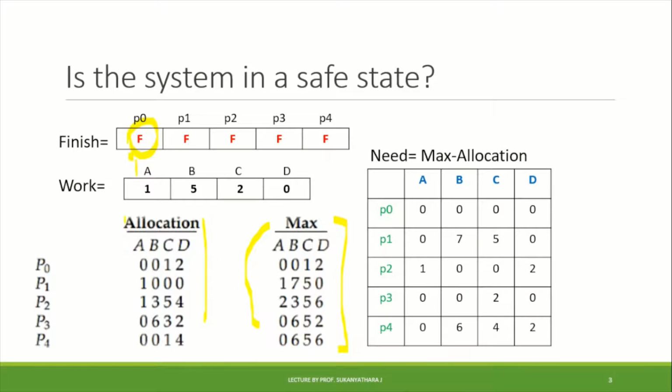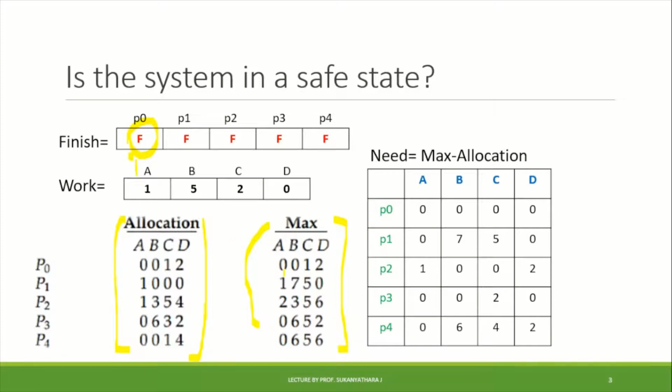So we are trying to verify whether this system is safe or not. We are going to check whether all the processes P0, P1, P2, P3 and P4 are able to run in any order. So we have found the need matrix like max minus allocation. So we understand that P0 requires 0 instances more for all the resource types.